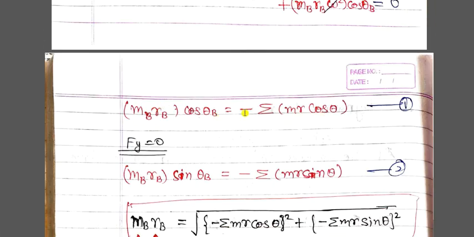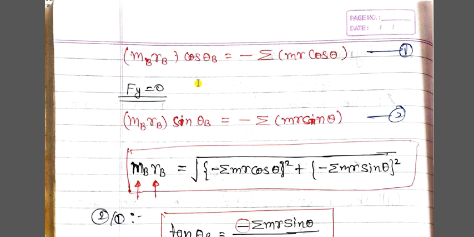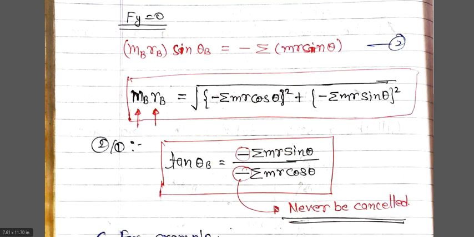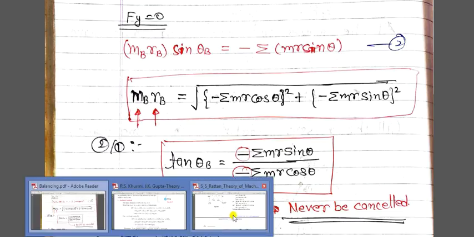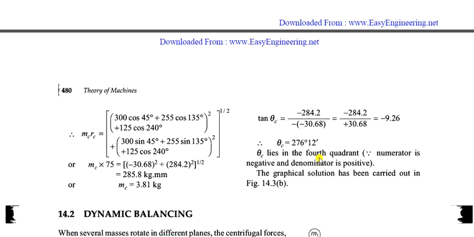First bring the equation in this form. Here the first one is minus 284.2 and the second one is 30.8.